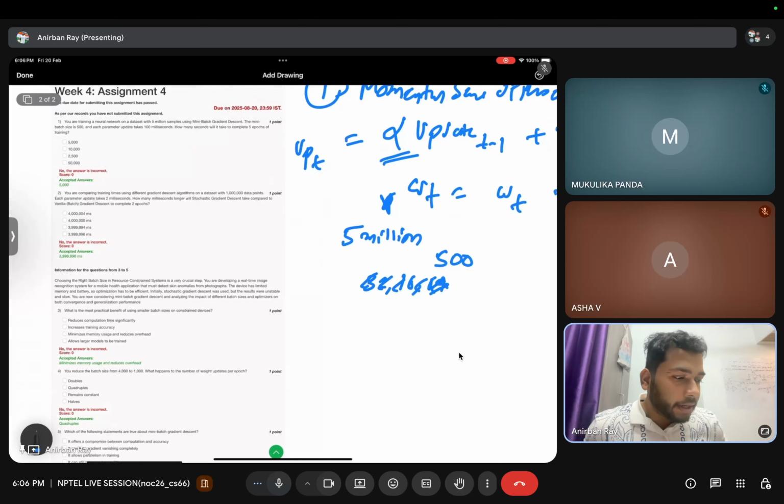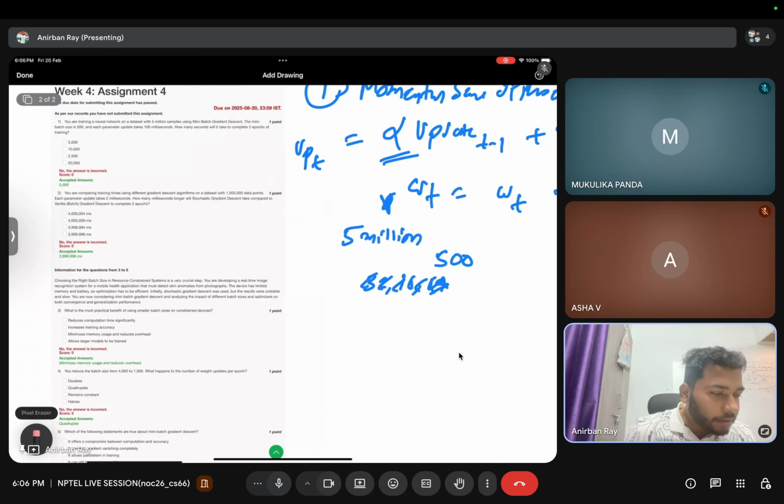Each parameter update takes 100 milliseconds. How many seconds will it take for 5 epochs?